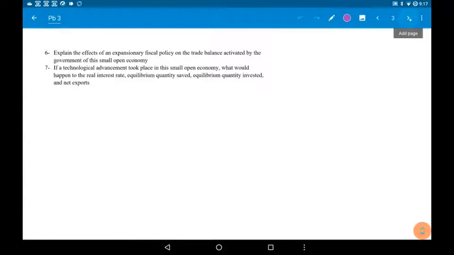Now let's move on to questions 6 and 7. Question 6. Explain the effect of an expansionary fiscal policy on the trade balance, so on NX, activated by the government of the small open economy.